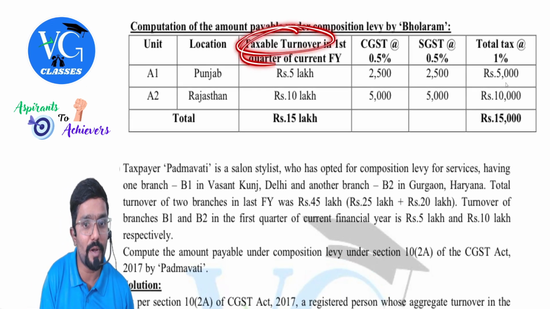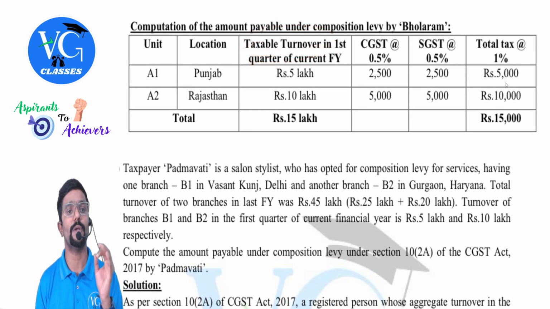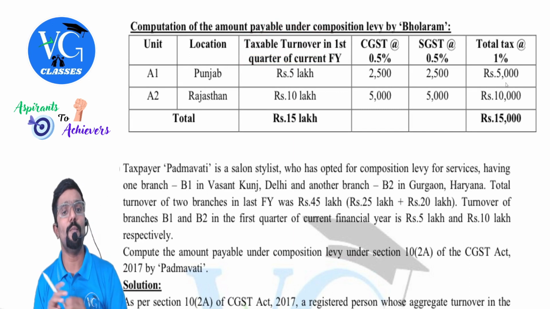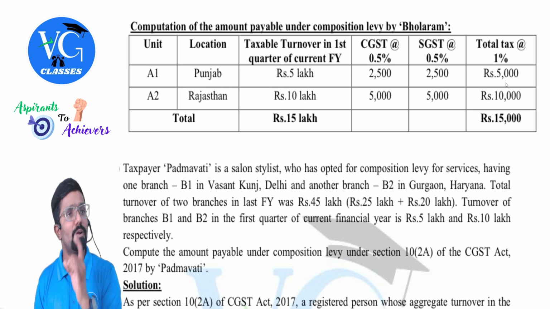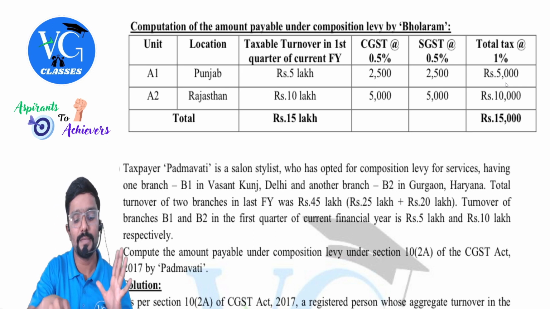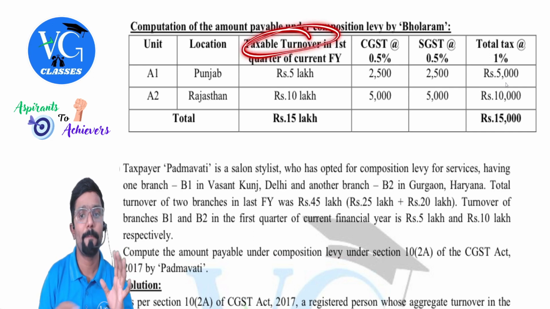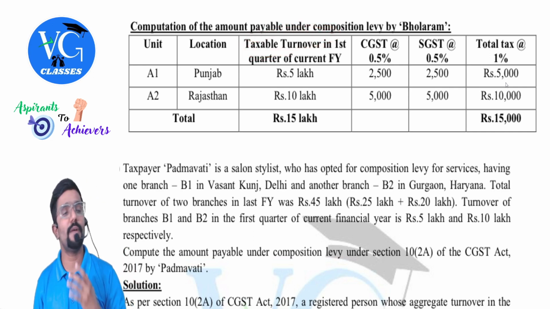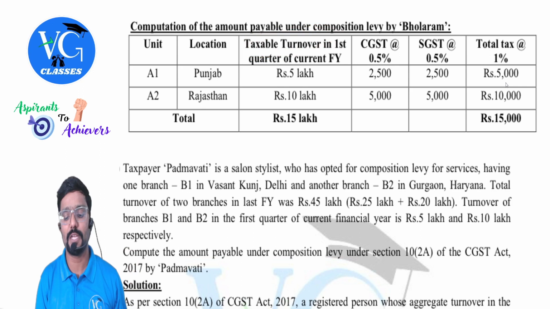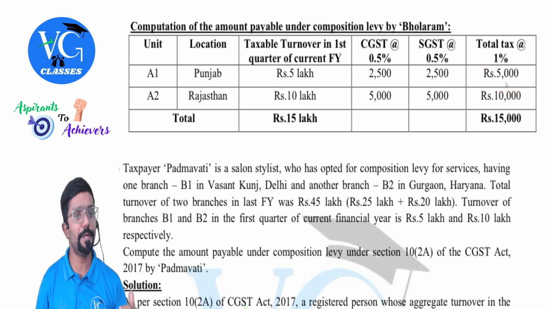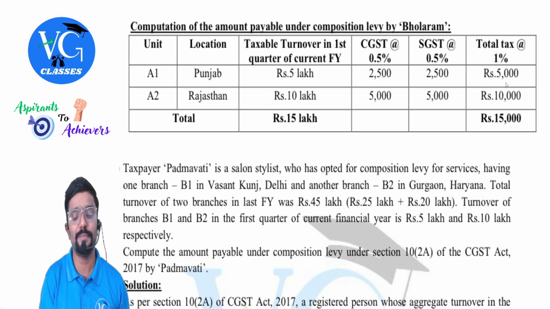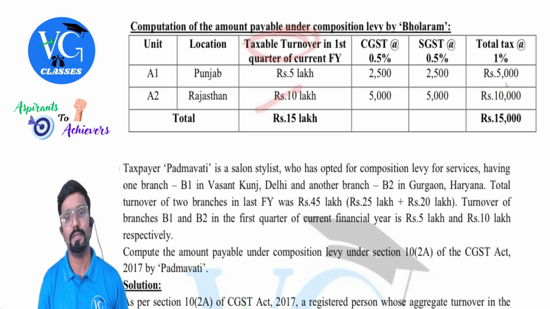Can you read that heading properly? Yes, taxable turnover. Computation of amount payable under composition levy by Bolaram. A1, Punjab, 5 lakh, only taxable turnover in the first quarter. CGST 0.5%, SGST 0.5%, which comes to 2,500 each. Total is 5,000. A2, Rajasthan. What is the taxable turnover in Rajasthan? 10 lakh.